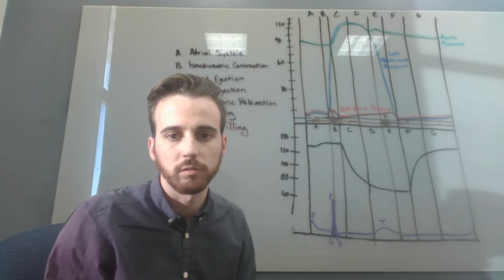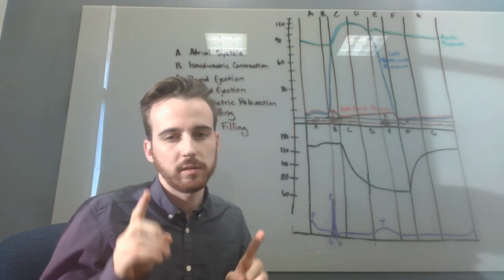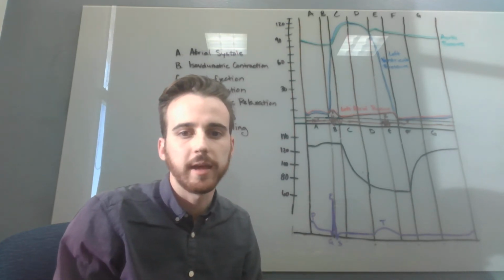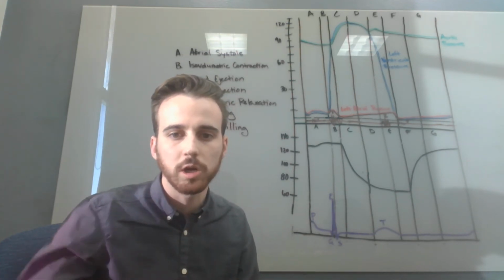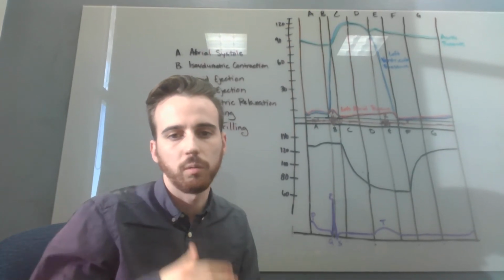isovolumetric contraction. So what's happening at this point? In order to understand this, it's first important to recall that in order for flow to occur, there has to be a pressure differential. What does that mean?